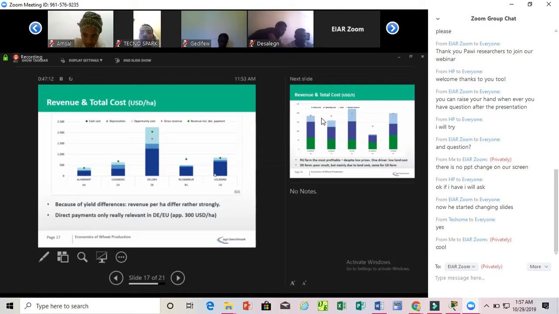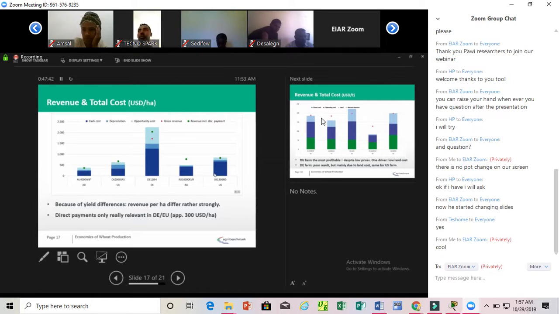That is the key message here. And what you see here is that the Russian farm is very profitable. Over all total cost, they have a margin of about $250 per hectare profit. That is after all inputs, all labor, all capital, all land has been removed.